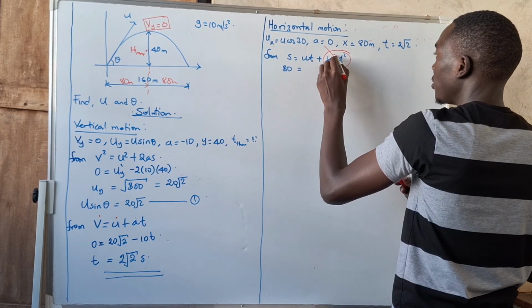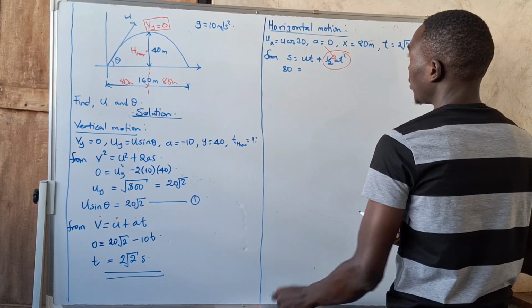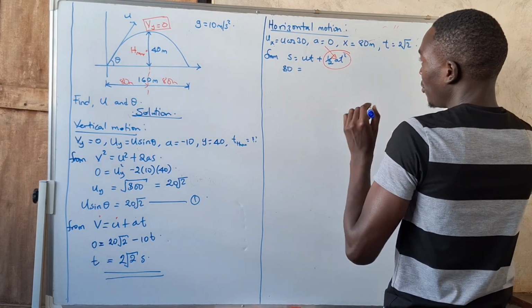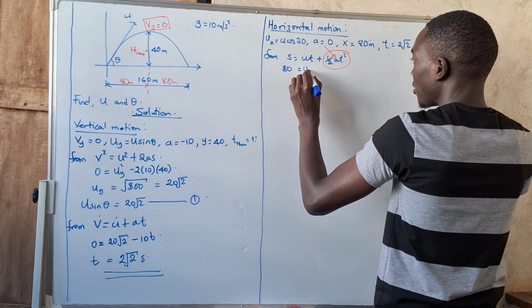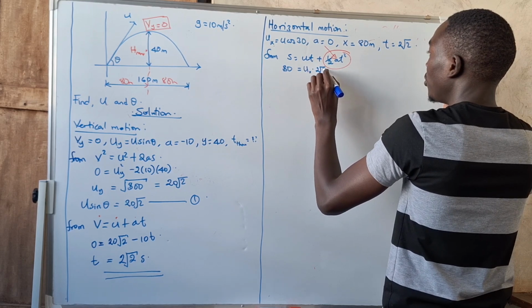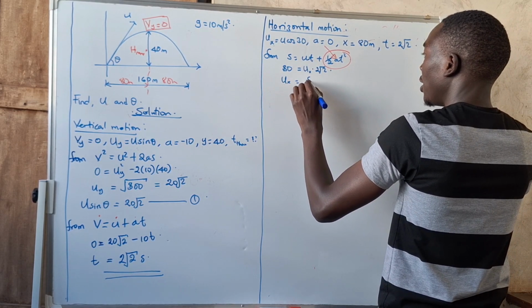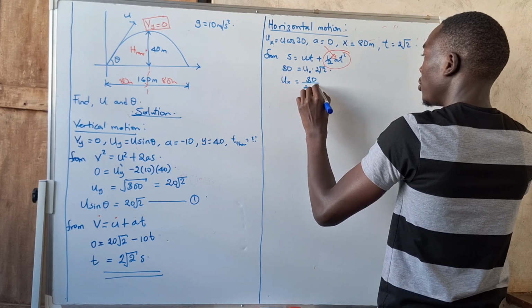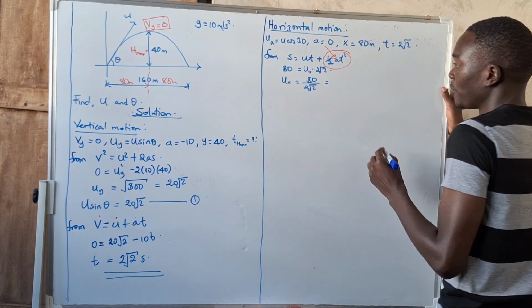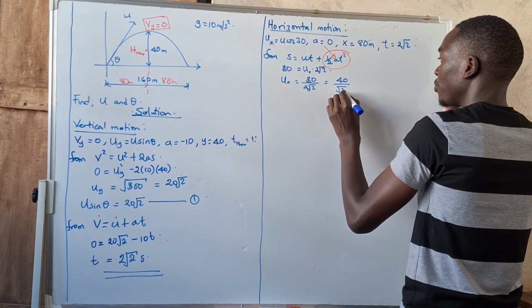The moment you plug in 0 there, this will become 0. So you're left with ux. Allow me for now to first call it ux, just times t. The time is 2 root 2. So you can get our ux as equal to 80 out of 2 root 2, which by the way proves to be the same as 40 out of root 2.